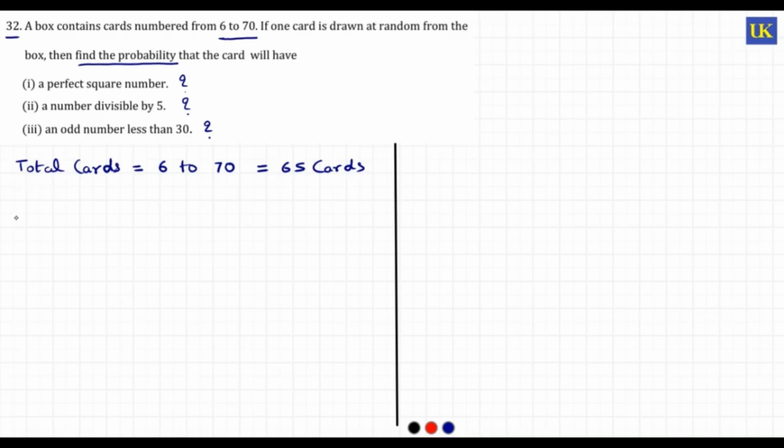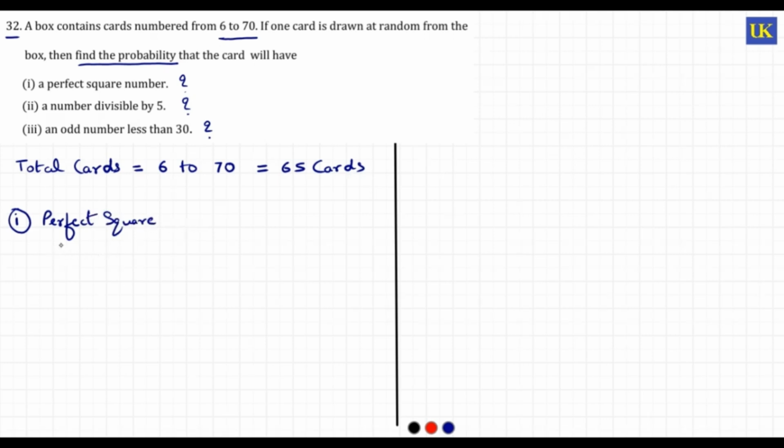Now we will see the first sub question. What is the probability that the card will have a perfect square number? The cards are from 6 to 70.